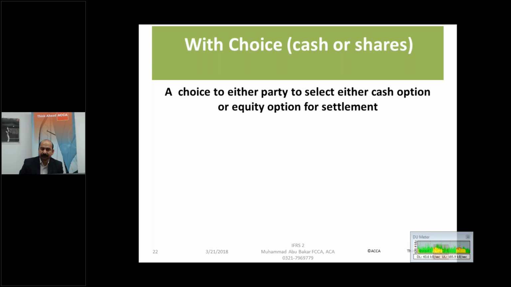The other is that the company will decide about the settlement. Will it pay cash or shares? So we shall discuss each of these options in turn.